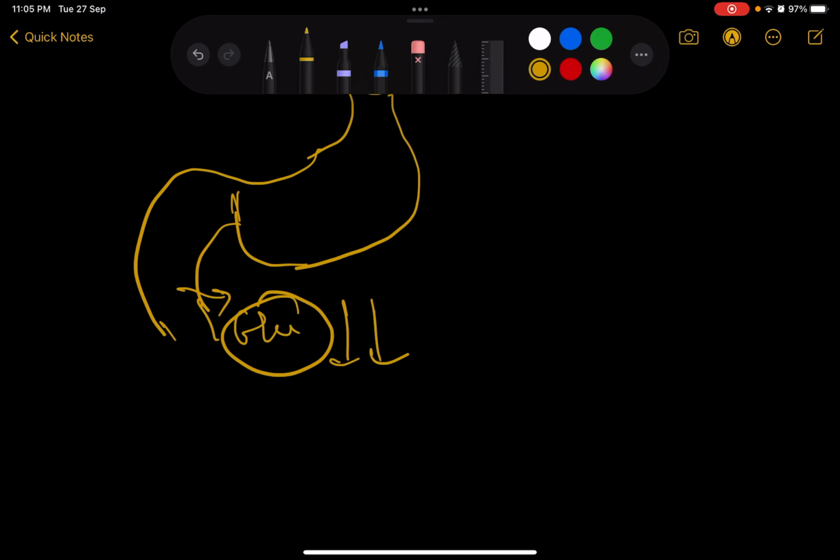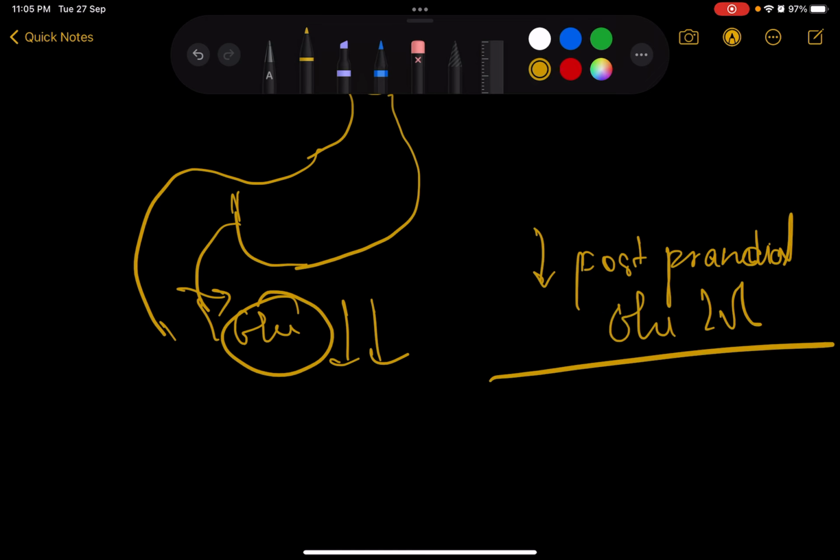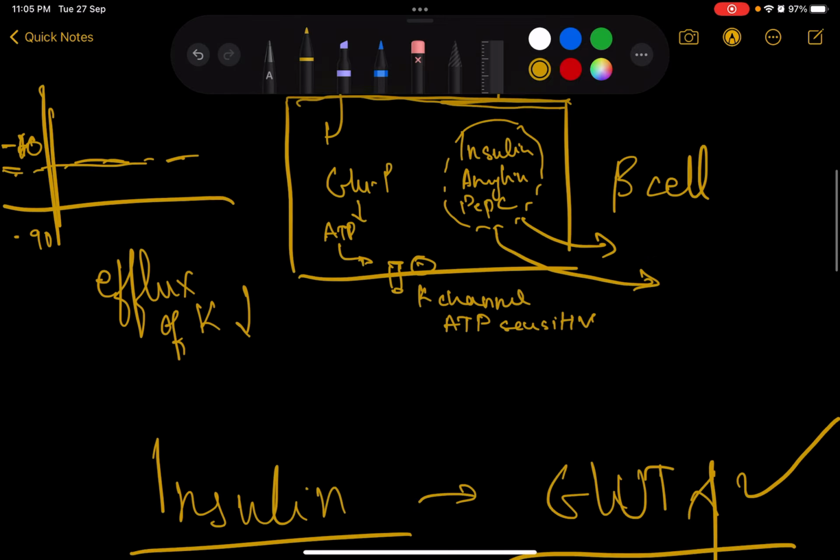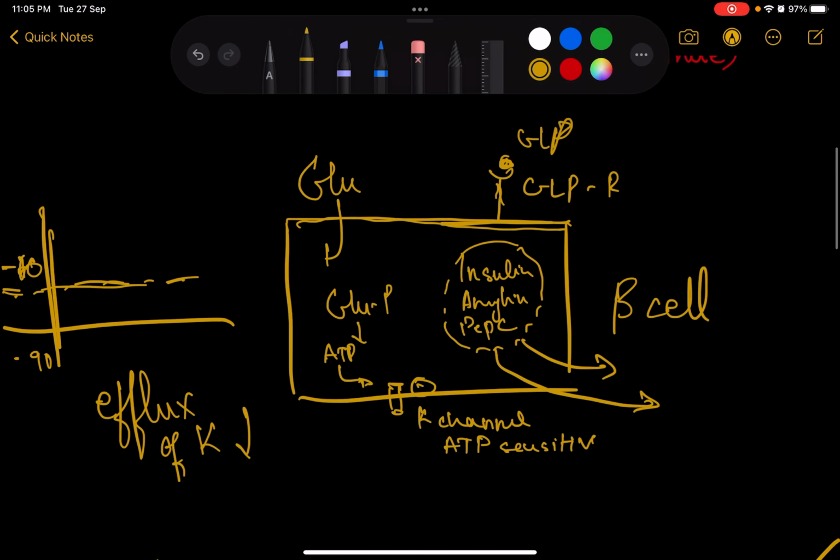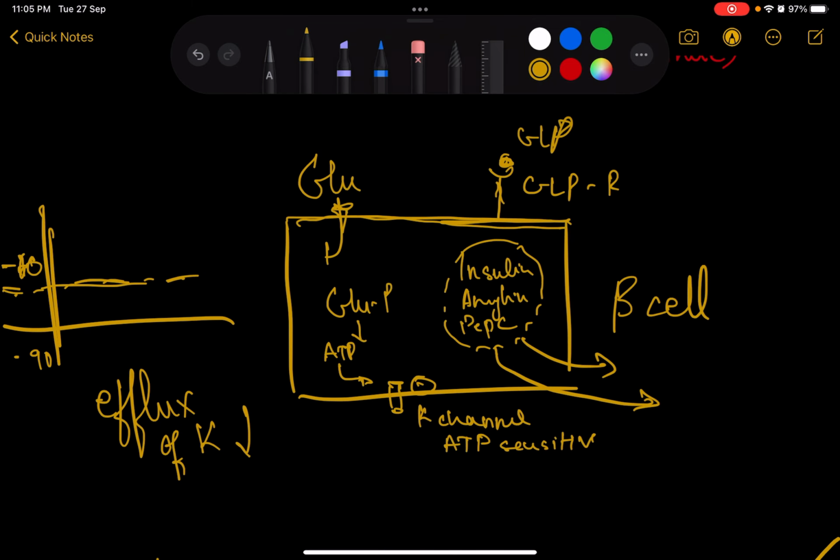And because glucose absorption is severely decreased, you will have a decrease in postprandial, that is after food, glucose level. That's perfect, isn't it?